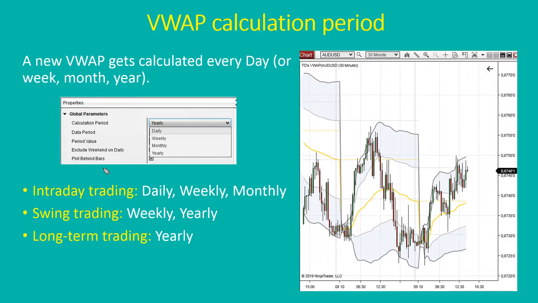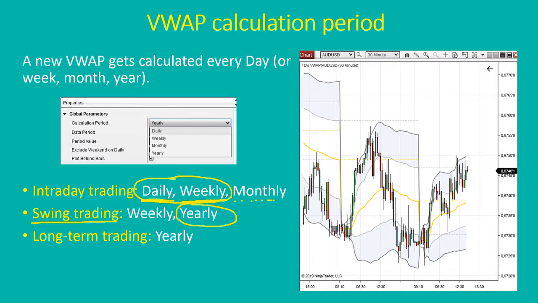Now, if you are an intraday trader, you want to trade intraday trades, what I suggest is that you use daily calculation period and also weekly. You can also use the monthly, but I personally use only those two for my intraday trading. And for my swing trading, I prefer to use the yearly period.